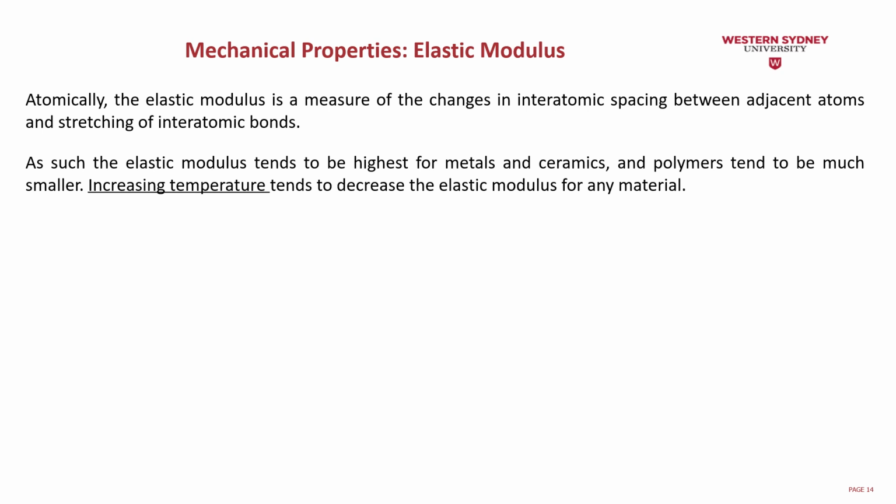Increasing the temperature will tend to decrease the elastic modulus for any material. So the yield point is going to drop if the metal is heated up. And that's the reason why the blacksmith heats the metal before forging or deforming the material.